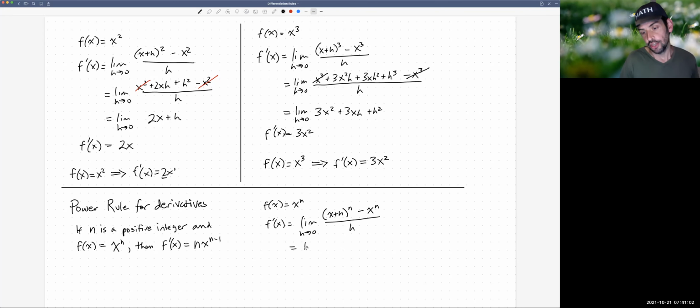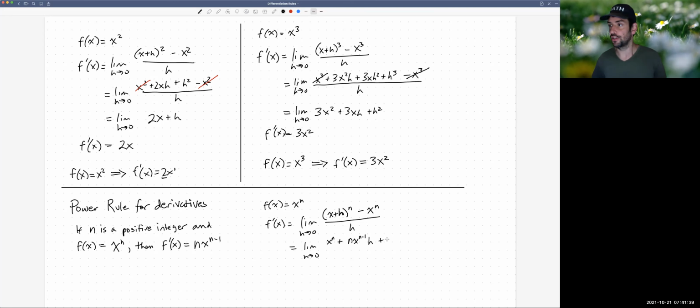All right. So this first term here, the x plus h to the n, is going to look like this. It's going to have x to the n plus n times x to the n minus 1 times h, plus, and so what we're using here is something called the binomial theorem.